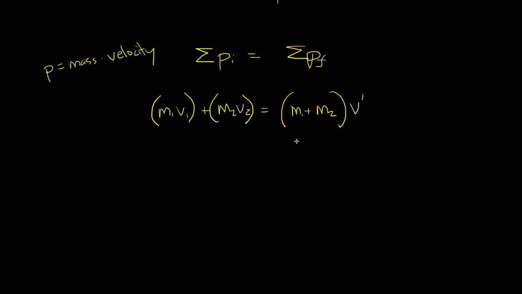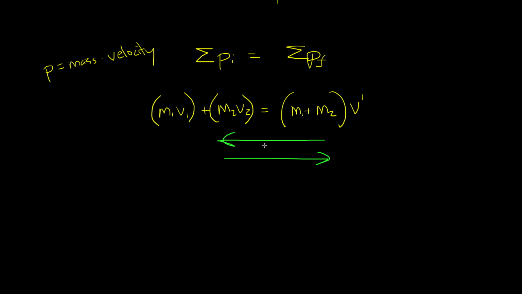And so m1 plus m2 times v prime represents the two objects sticking together and moving as one velocity. Now notice that I didn't specifically write my initial and final subscripts in this equation, and that's because this equation can be used reversibly.